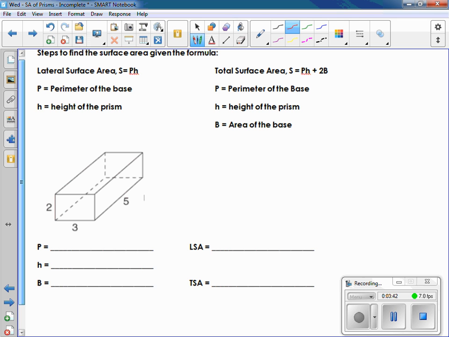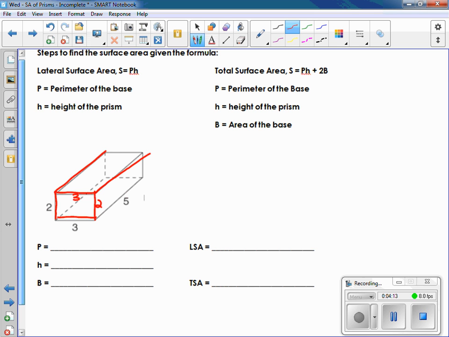So the lateral surface area is just going to be these faces. So you can always find each individual one and then add them up. But if you think about it, we're going to be doing 2 times 5, 2 times 5, and 3 times 5 and 3 times 5.